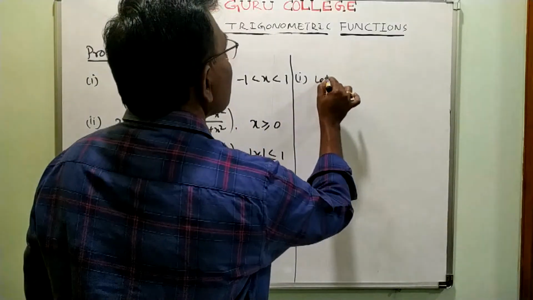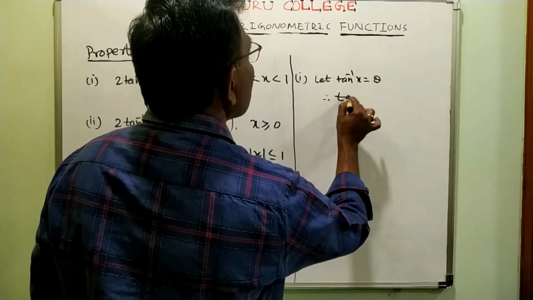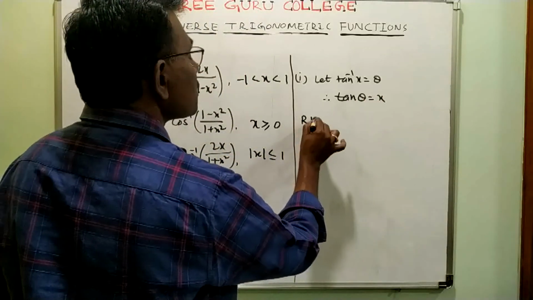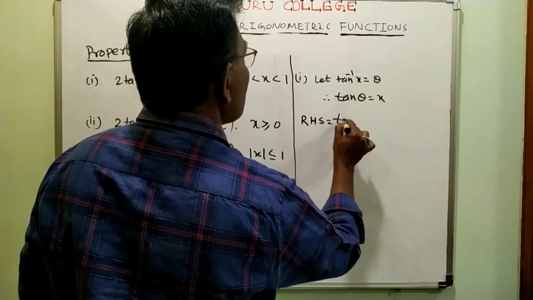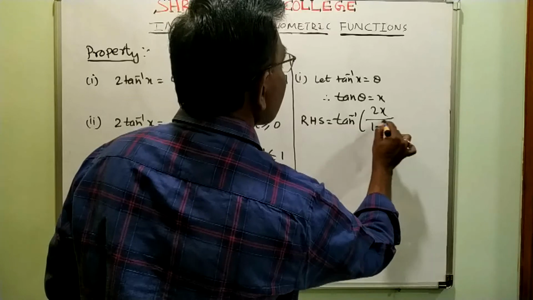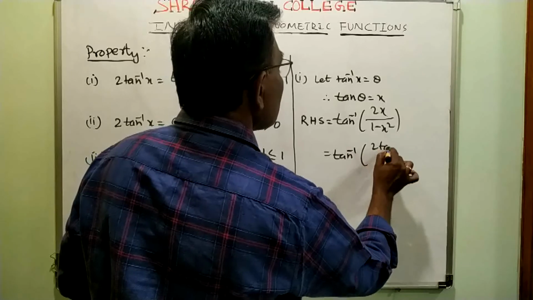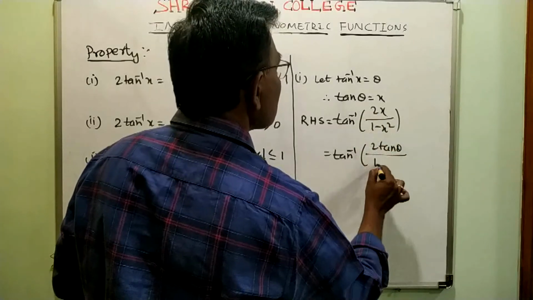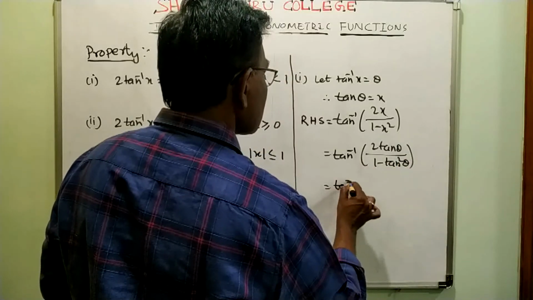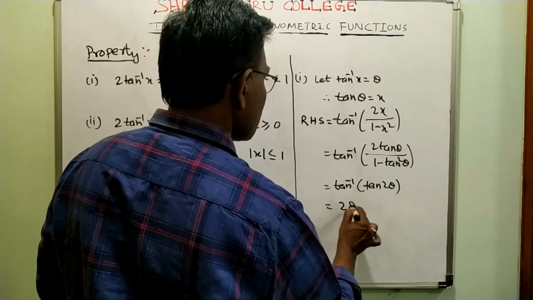Let tan inverse of x equal theta, therefore tan theta equals x. Taking the RHS, tan inverse of 2x by 1 minus x square becomes tan inverse of 2 tan theta by 1 minus tan square theta, which is tan inverse of tan 2 theta, equal to 2 theta.